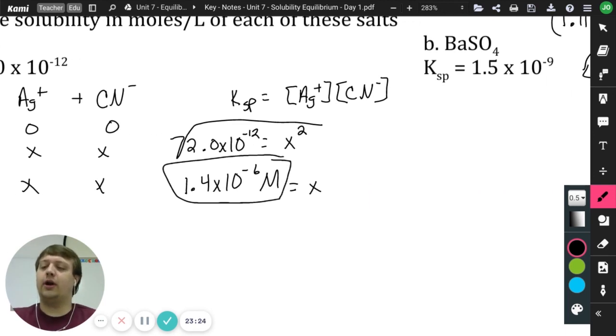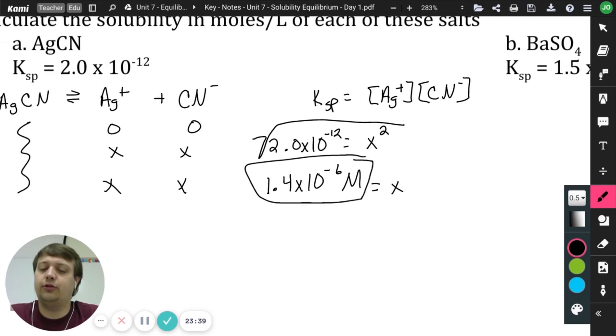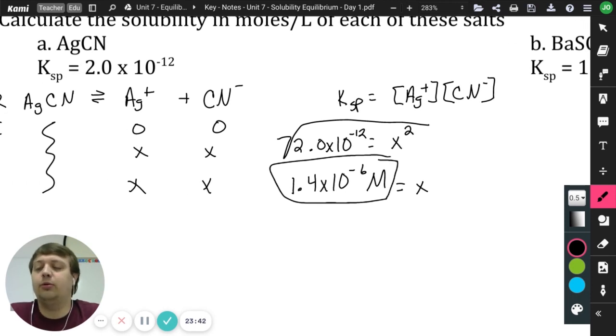We saw for our KSP, which would be KSP equals the concentration of silver times the concentration of cyanide. We would plug that into our equation. We plug in our numbers. So 2.0 times 10 to the negative 12, which is what they told me KSP was, equals x squared. And then we do the square root of both of those sides, and we would get 1.4 times 10 to the negative 6 as our concentration.